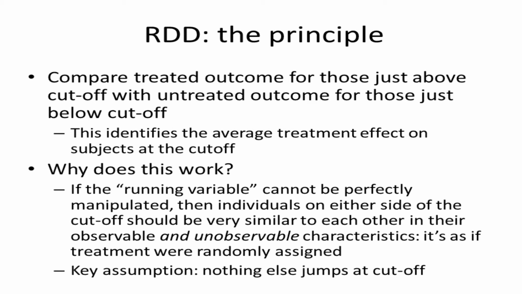Somebody with a value of x just below c is so similar to somebody with a value of x just above c, it is as if you took the two and flipped a coin to decide which of them got the treatment. And random assignment is the ideal situation to be in when you're trying to work out the causal impact of a policy. I'm not saying it's the ideal way to pilot a policy, but it's the ideal situation to be in if you're trying to evaluate a policy.